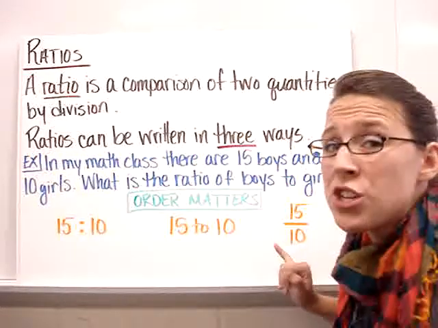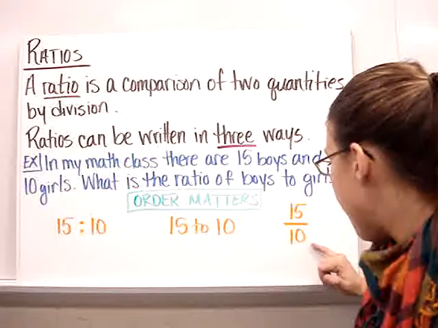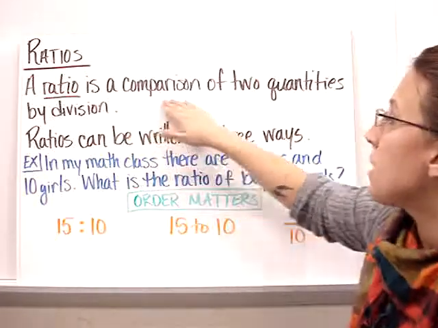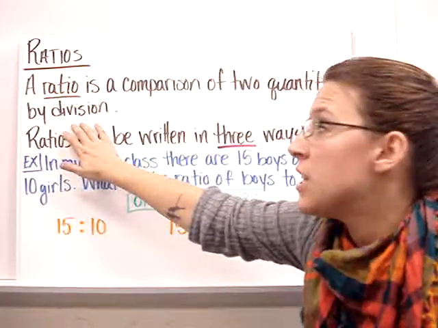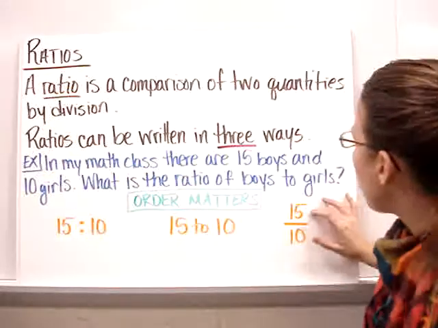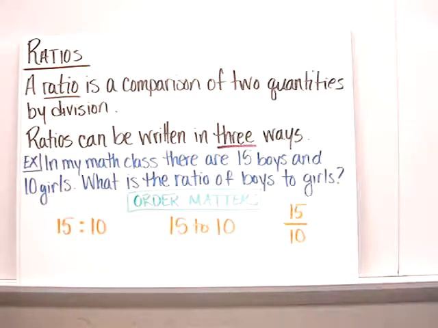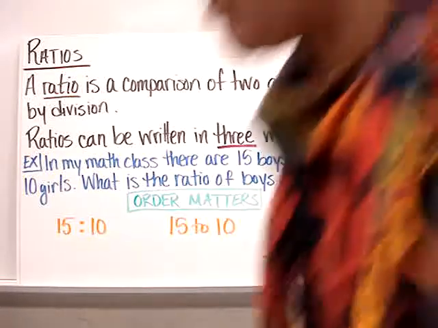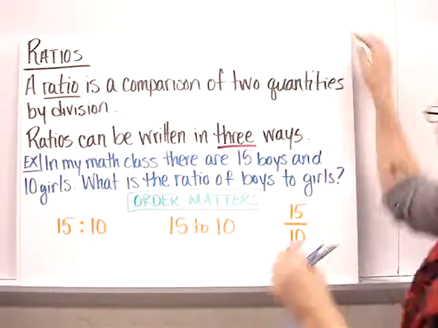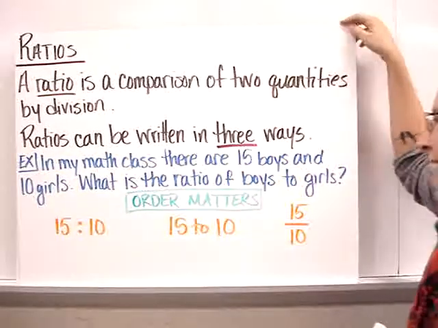We read the ratio still as 15 to 10, but the ratio is a comparison of two quantities by division. We know by now that we can represent two quantities by division using the fraction form. Okay? 15 to 10 is the ratio.